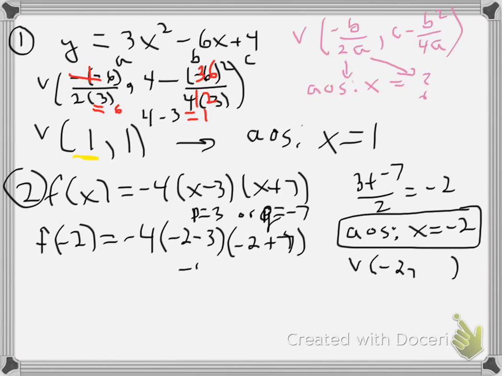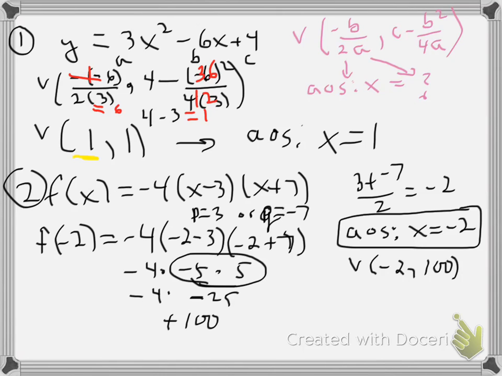So this is negative 5 times 5 times negative 4. Well, that's negative 25, and then times negative 4, that's positive 100. So put positive 100 there. We got that one.